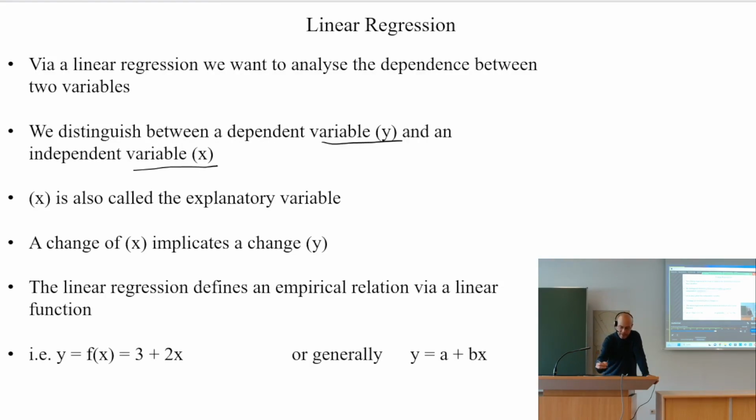So what we want to find is, for example, a linear function like 3 plus 2 times x. Or in general, we are interested in these two parameters, a and b. And for our case, for Okun's law, he found that this parameter b is minus 2.